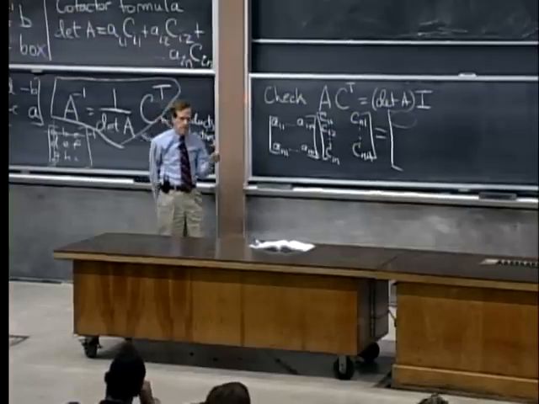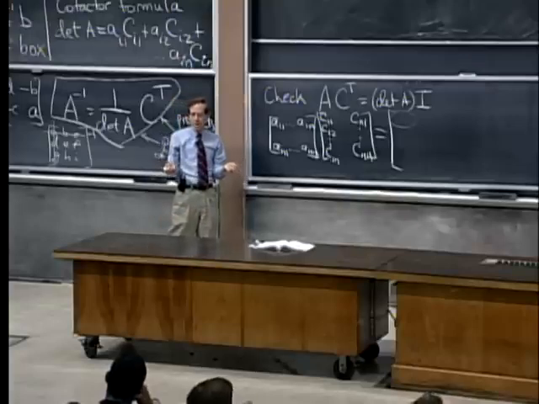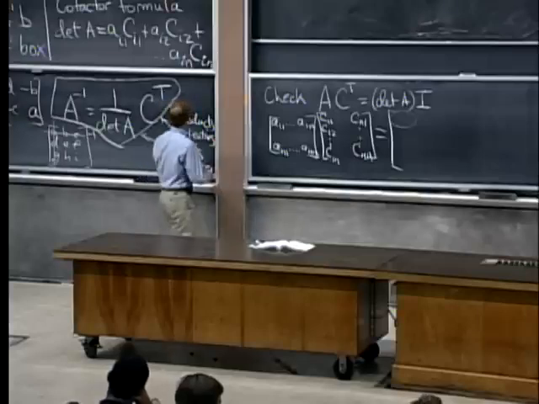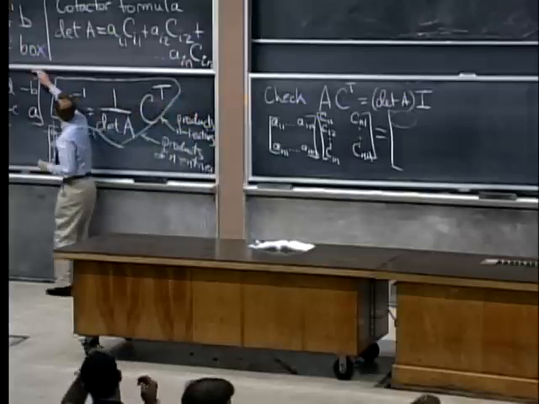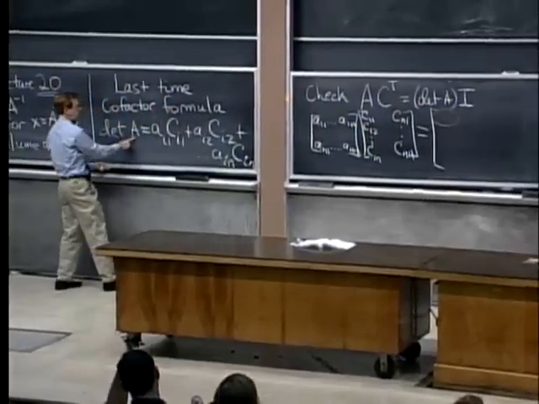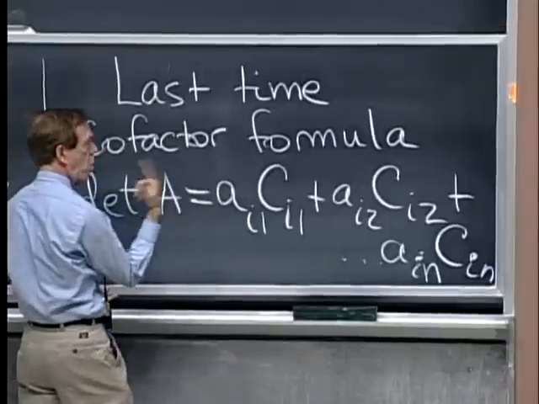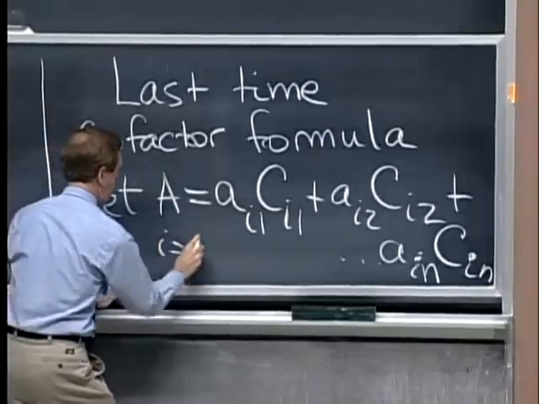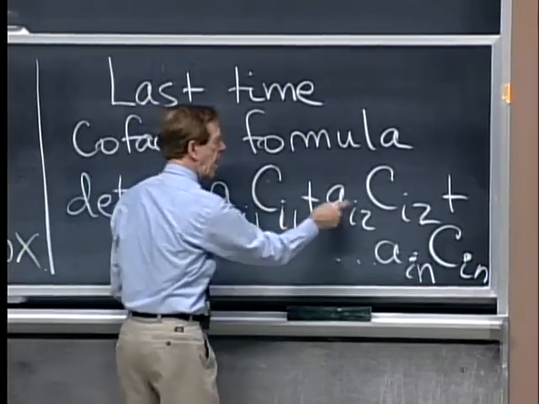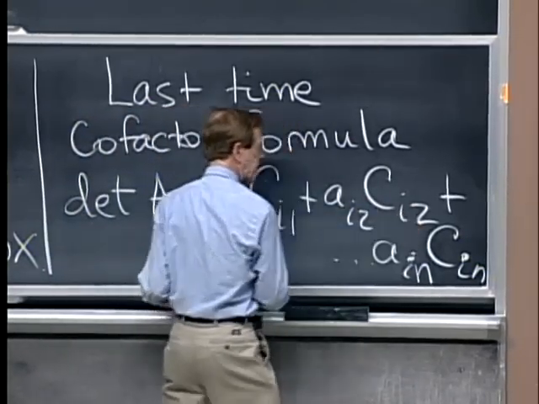That's the cofactor formula for the determinant, which we got last time. The determinant of A is, if I use row 1, A11 times its cofactor, A12 times its cofactor, and so on.